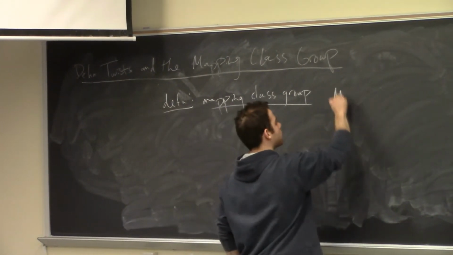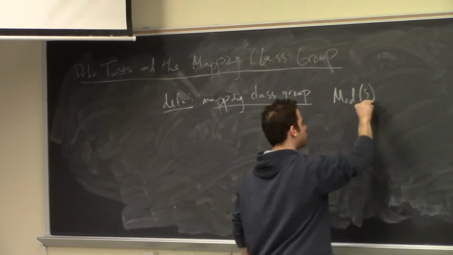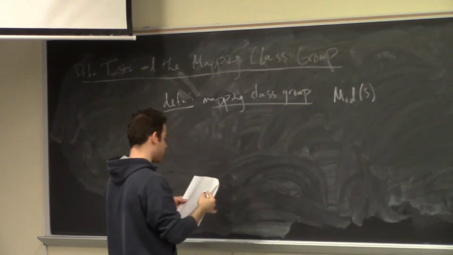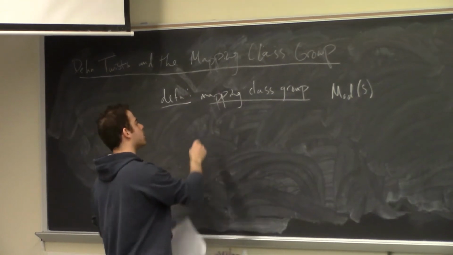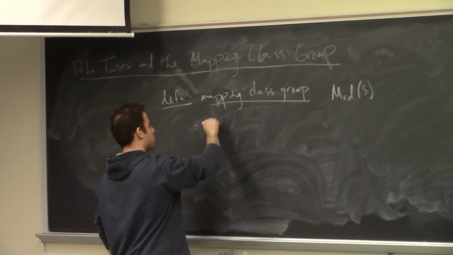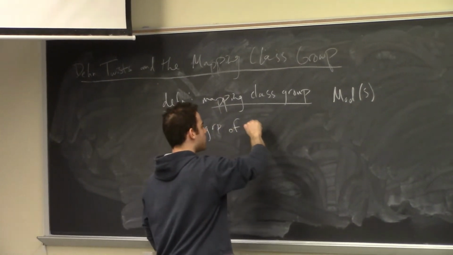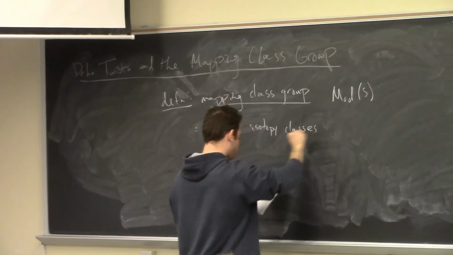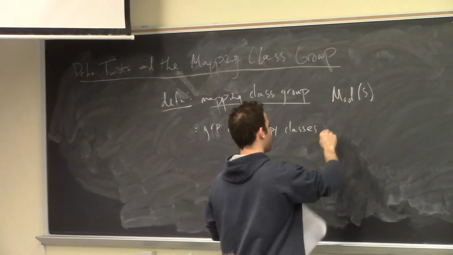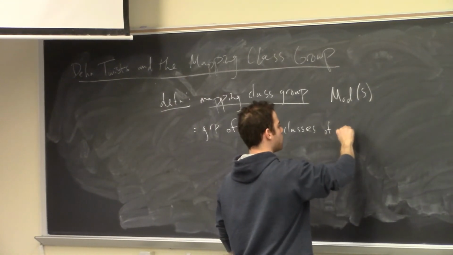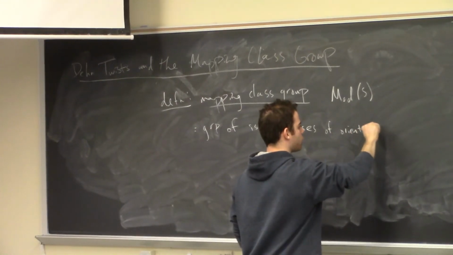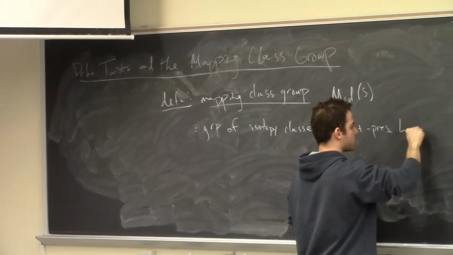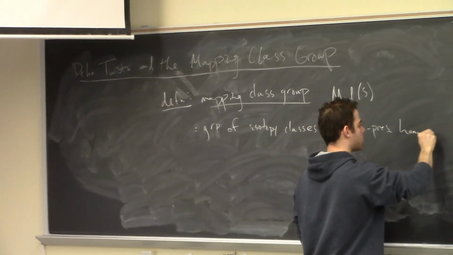So it's mod S, and this is really just the group of isotopy classes of orientation preserving homeomorphisms.